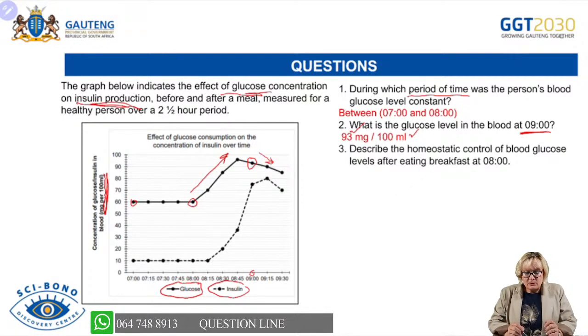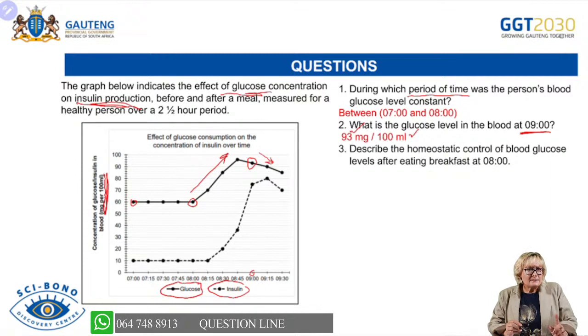You're going to say because of the breakfast that was eaten there at 8 o'clock, the glucose levels in the blood will increase. And then if the glucose levels in the blood increase, what organ again is being stimulated? Who's the policeman here? Who's picking up that suddenly there's now an increase in the blood sugar levels?